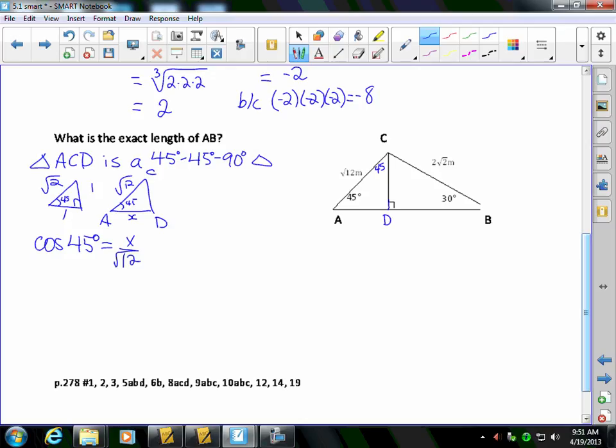From our 45, 45, 90 degree, we know that cos of 45, if we do adjacent over hypotenuse, is going to be 1 over square root 2.